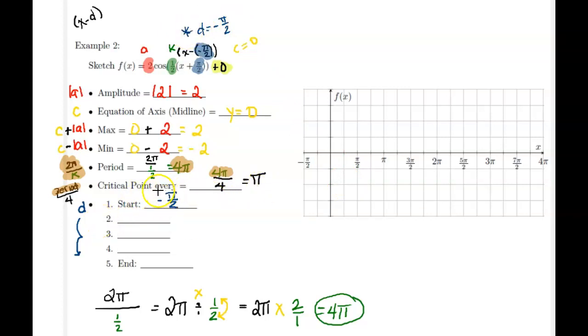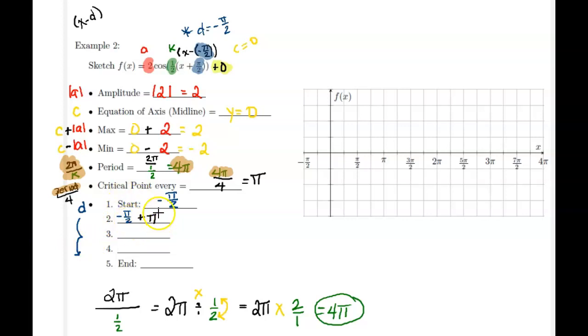Next up, for my second critical point, I take my starting value, negative pi over 2, and I'm going to add the distance between each critical point. I'm going to add pi. Well, I have a fraction plus this, so to add these two together, they need to have the same denominator.